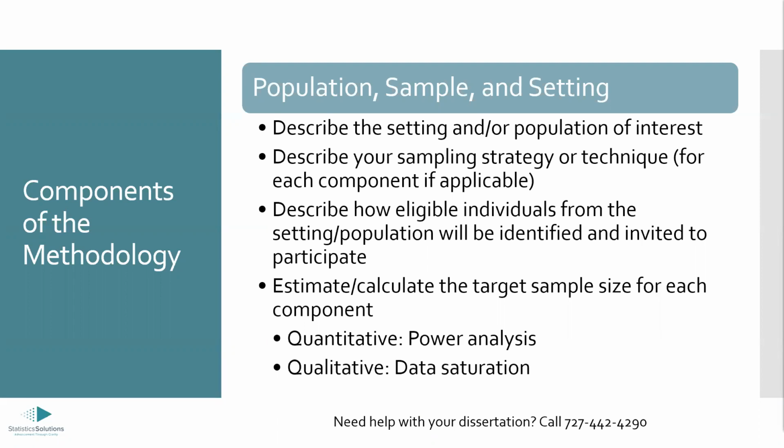And there are different guidelines in the qualitative literature that specify what's an appropriate number of participants to shoot for to reach data saturation. And you'll want to cite those qualitative scholars in making your sample size estimates for that part of your study.